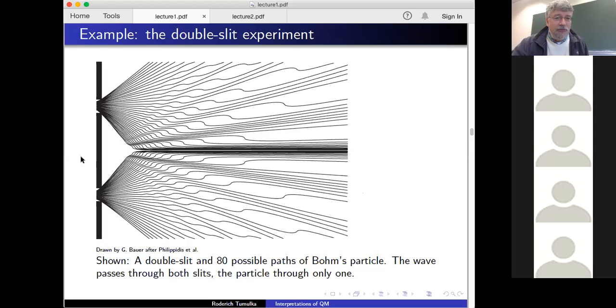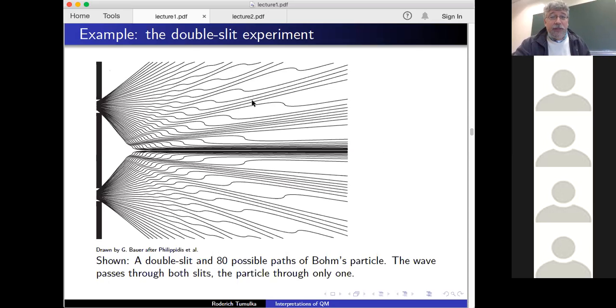Now the wave function is coming from the left, and where it hits the screen, it's absorbed or reflected, but where it hits the slits, it passes through. So some wave function passes through each of the slits, and behind the slits, they spread like a circular or spherical wave. They will overlap in this region. Waves coming through the upper slit and through the lower slit form an interference pattern.